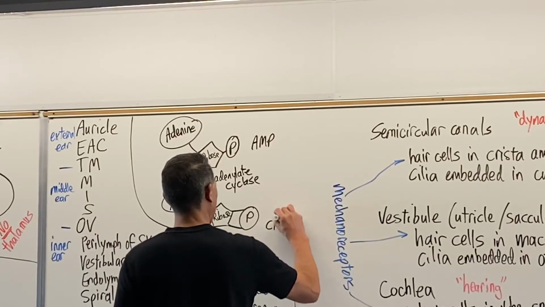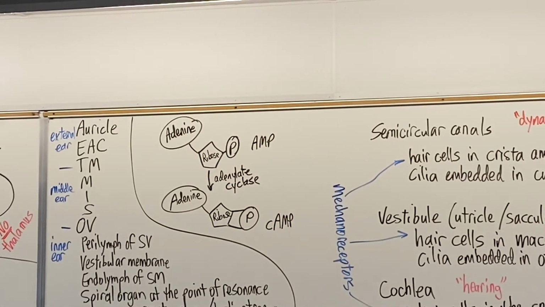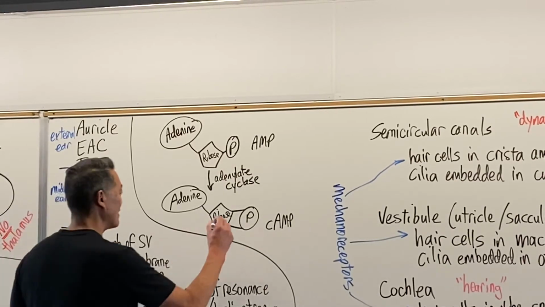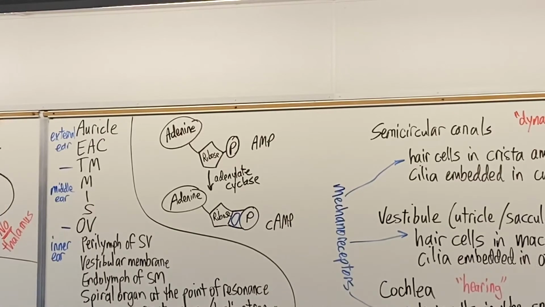This is cyclic AMP because there is a circle of bonds. Everybody see that? That's the second messenger, and that is what sets the cell in motion. The first hormone, the first messenger never enters the cell. It's too big. Everybody got it?